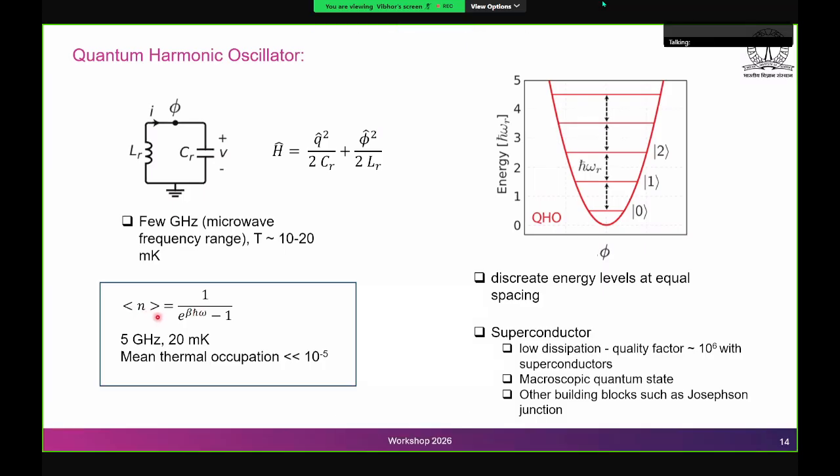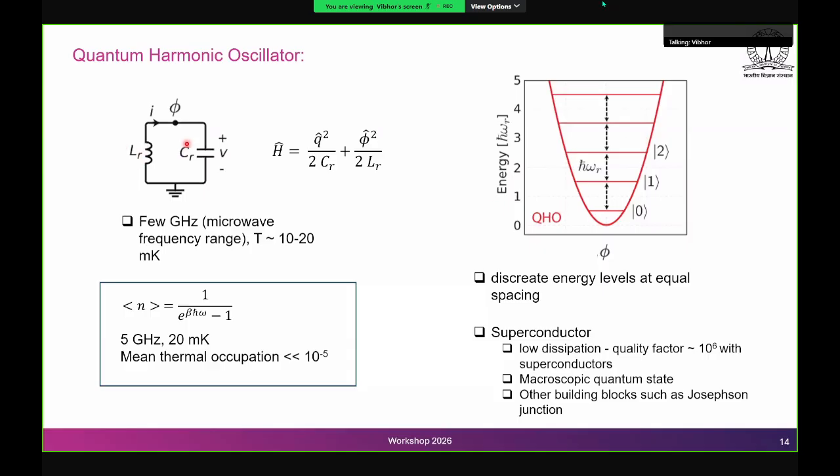If you were to measure the mean excitation number, the thermal excitations in such an LC oscillator, it will be given by a formula like this. Beta here is 1 over kBT. If you plug in these numbers like frequency and temperature, you'll find that the mean thermal occupation could be very small, like 10 to the power minus 5. What it means, this number being so small, is that the system will mostly be in its quantum ground state.